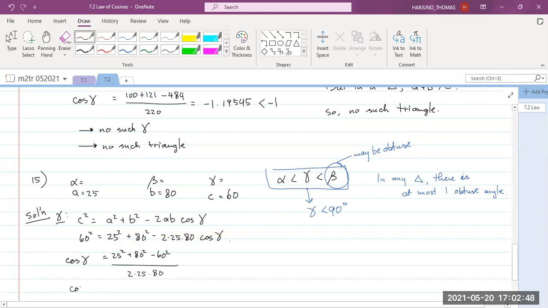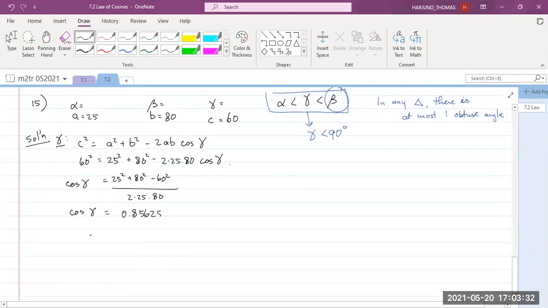So cosine gamma is equal to 25 squared plus 80 squared minus 60 squared over 2 times 25 times 80. I forgot parentheses. I get 0.85625.